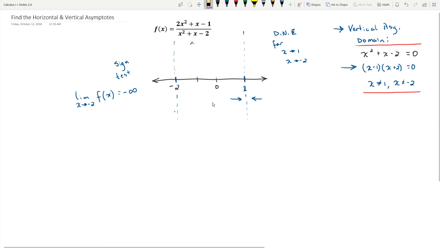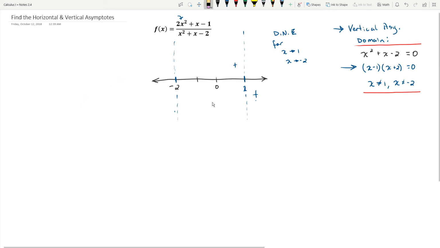For 1, as we plug in values that are just a little bit less than 1, I encourage you to try this: take a value like 0.75 and plug it in for x. I think you'll find that you end up with a positive, and that you have a positive value on both sides. And I apologize.